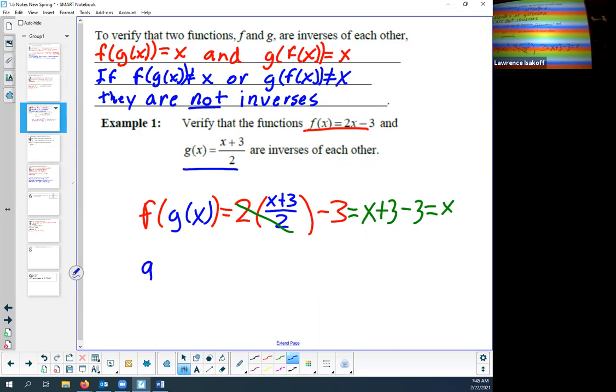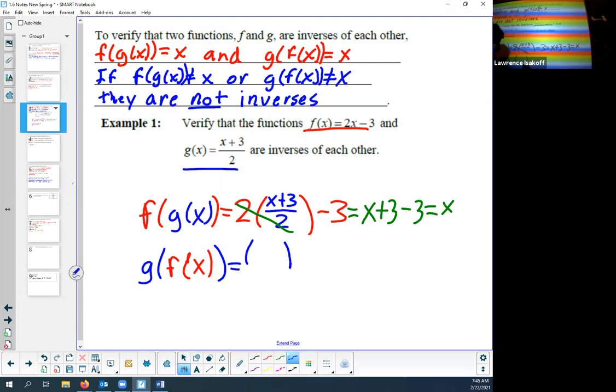So now I'm going to do g of f of x. Here, g starts with x plus 3. So right away, in the very beginning, where it has x, I'm going to plug in 2x minus 3.